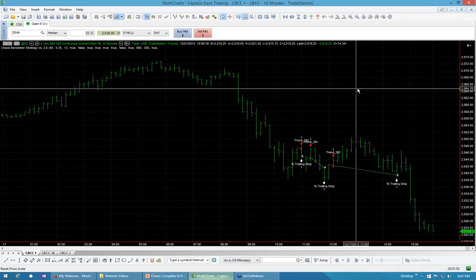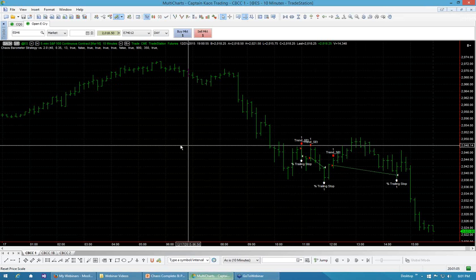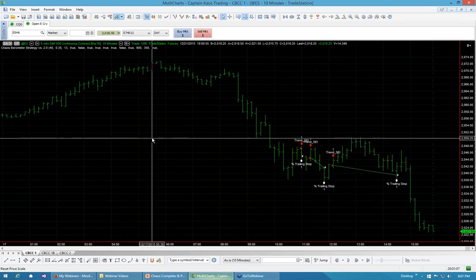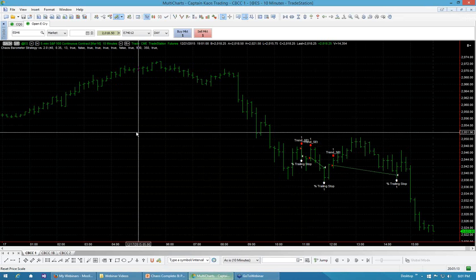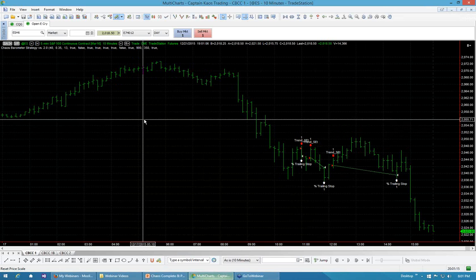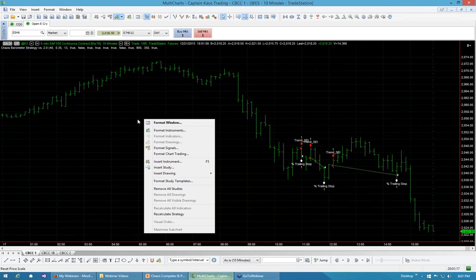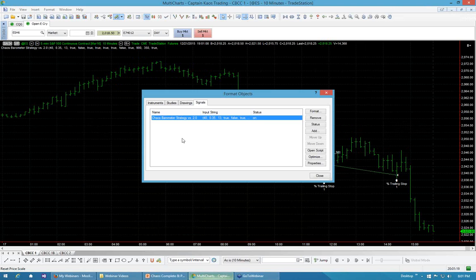But what I want to show you here is a system that I designed with the Chaos Barometer, and it actually is automated. It gives precise entry signals and precise exit signals, and we can take a look at the performance of this. First, let's look at how I control the different risk parameters.